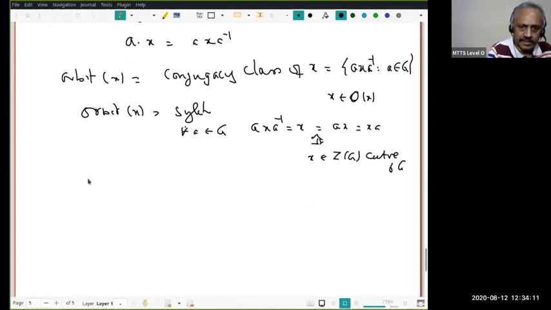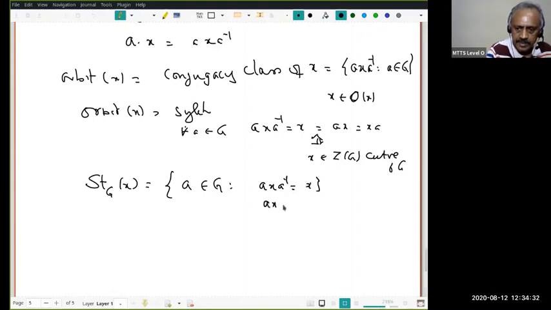What I'm interested in now is the stabilizer of an element X. This is the set of all group elements A in G so that A dot X equals X. That is, A X A inverse must be equal to X, which is the same as saying A X equals X A. So when does an element A of the group belong to the stabilizer?